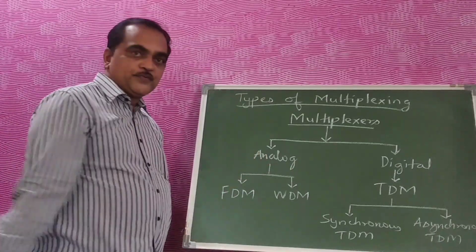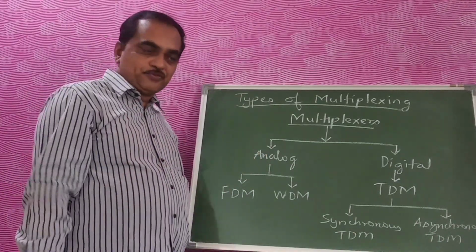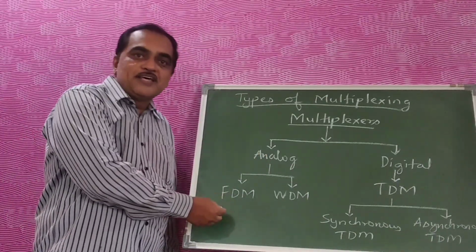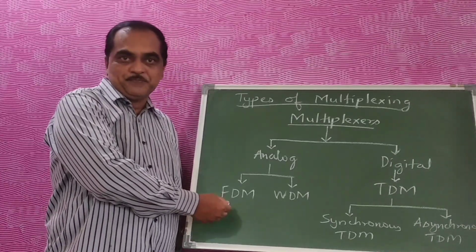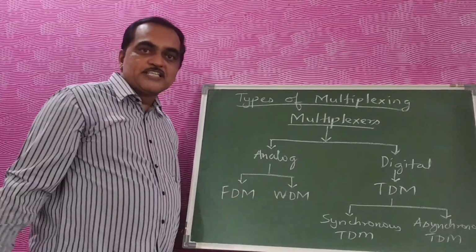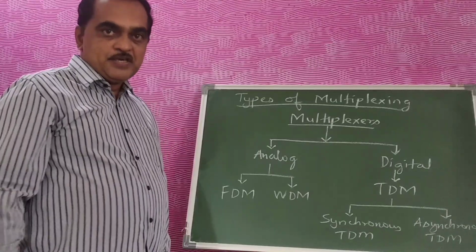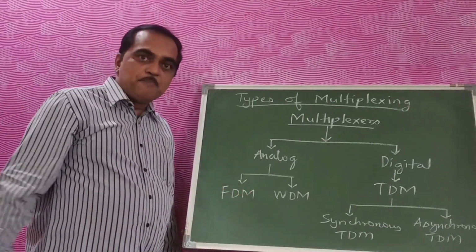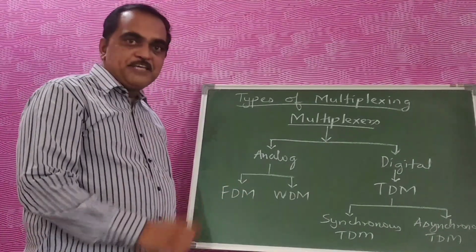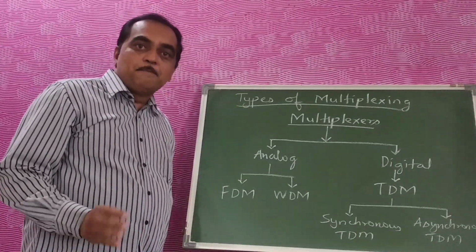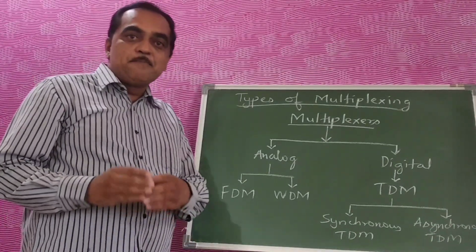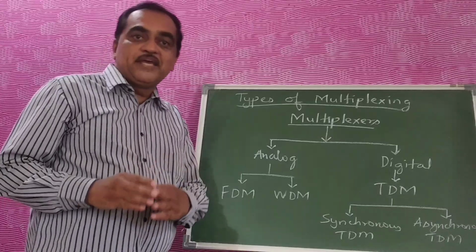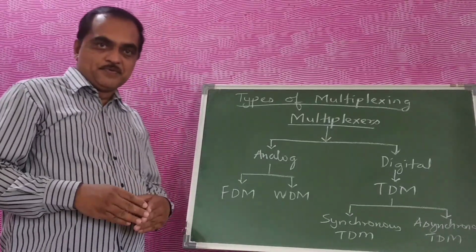In analog, you have further two types. The first one is called frequency division multiplexing, and the second one is called wavelength division multiplexing. In frequency division multiplexing, that is FDM, the signals are combined together into a composite signal based on frequencies.